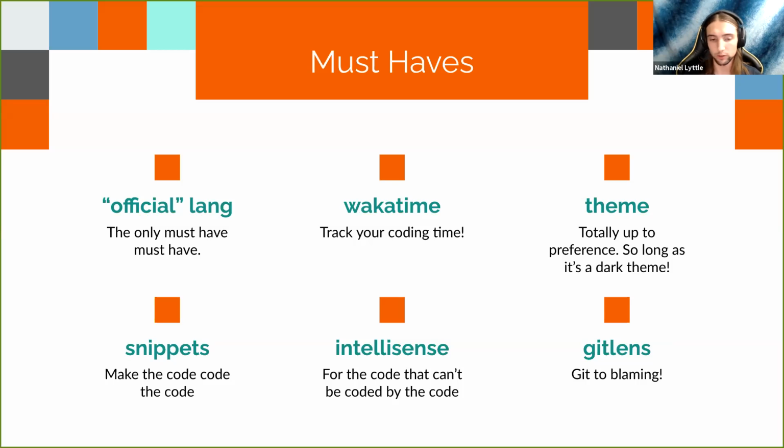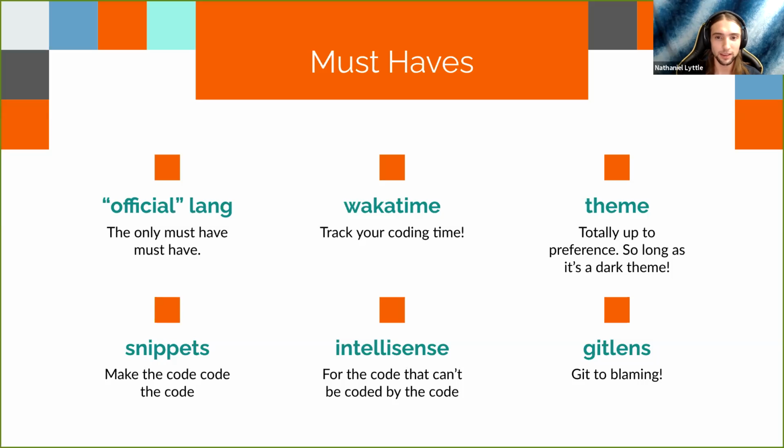Most of them are just the programming language's name, but the extensions for most languages provide your linting, and in my opinion, you just cannot write code without linting. I mean, it's possible, but man, it's rough.